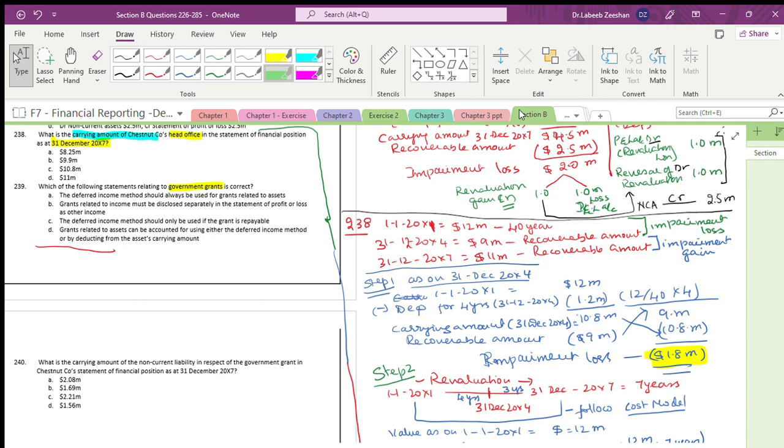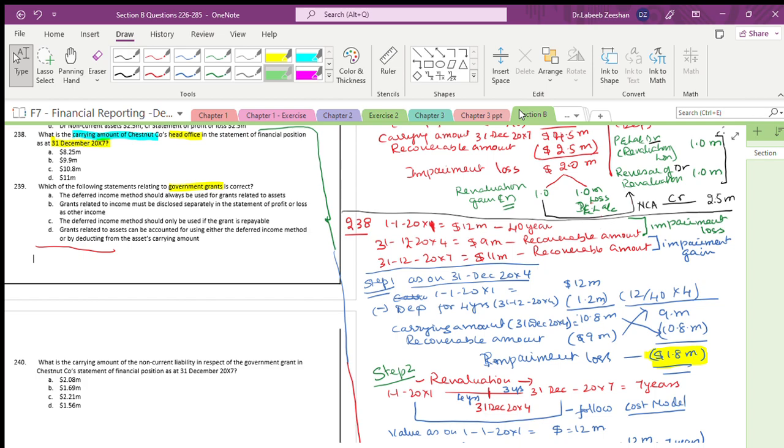Grants related to income must be disclosed separately in the statement of profit and loss account. The deferred income method should only be used if the grant is repayable. Grants related to assets can be accounted for using either the deferred income method or by deducting from the asset's carrying amount.